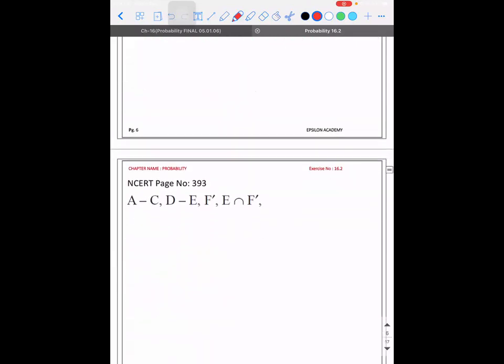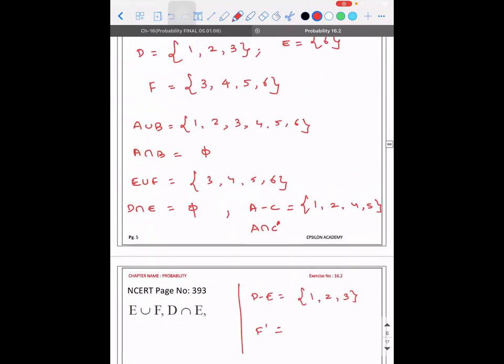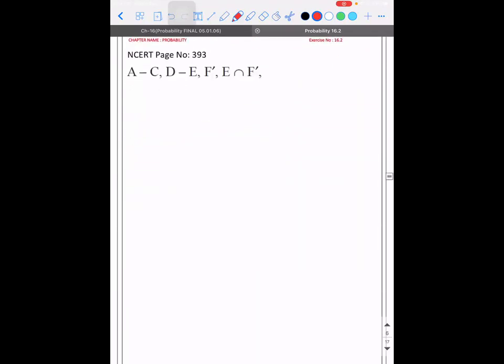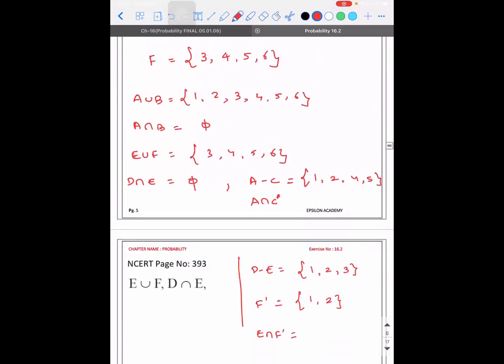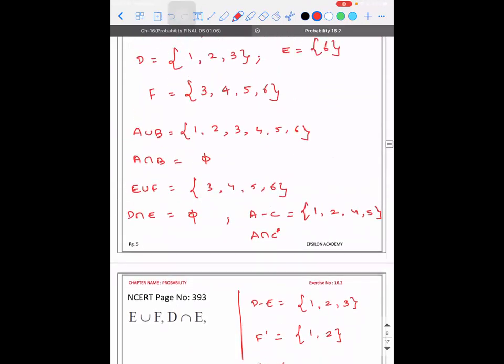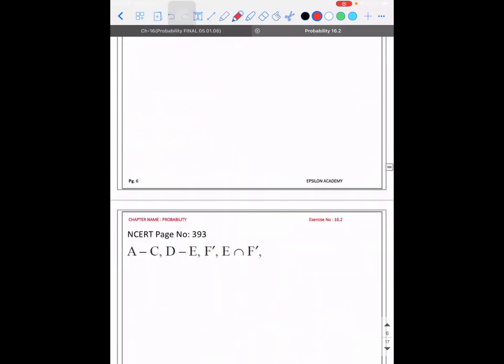Similarly, what is F dash? What is F complement? 1, 2. What else are they asking? E intersection F dash. E has 6, F dash has 1, 2. It's a null set.